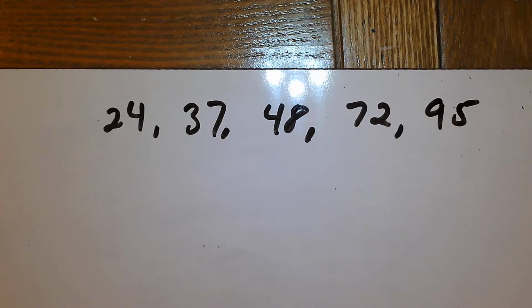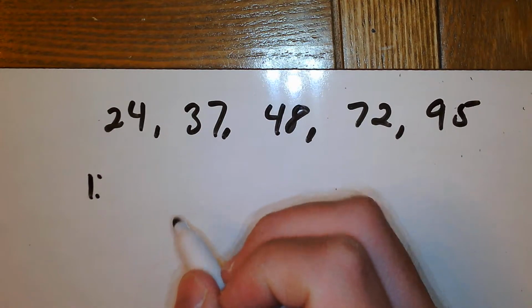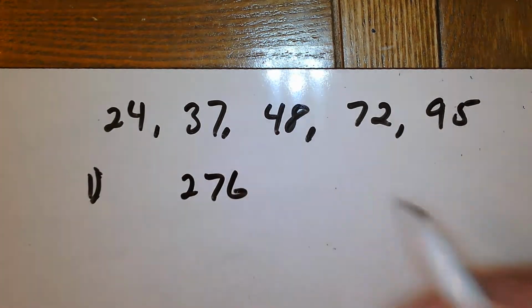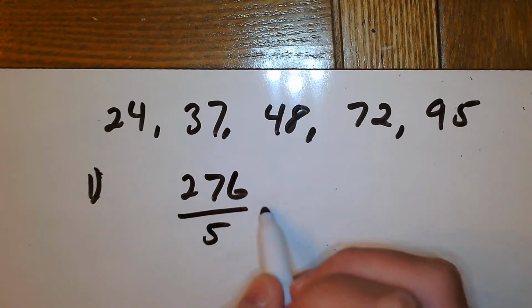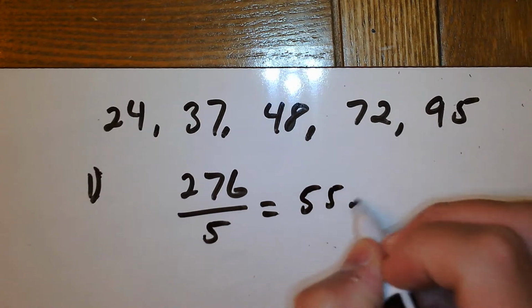First thing again, step 1, we're going to find the average, or the mean. We add them all together: 24 plus 37 plus 48 plus 72 plus 95, and again I'm using a calculator. That's going to be equal to 276. I have 5 numbers, so I'm going to divide that by 5, and I end up getting 55.2.